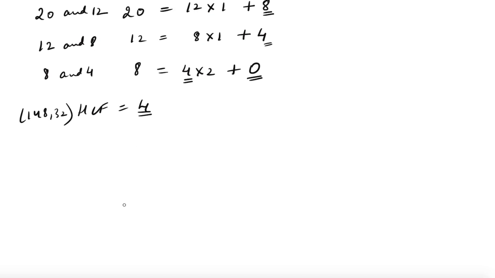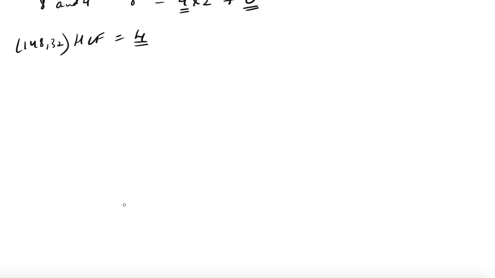Let us take another example to make it more clear. Say I have two positive integers, 124 and 24. So 124 can be written as 24 into 5, which will give me 120, and the remainder 4.